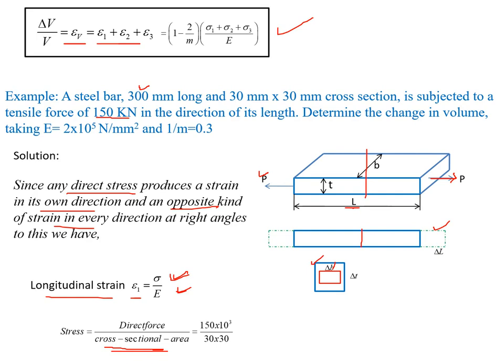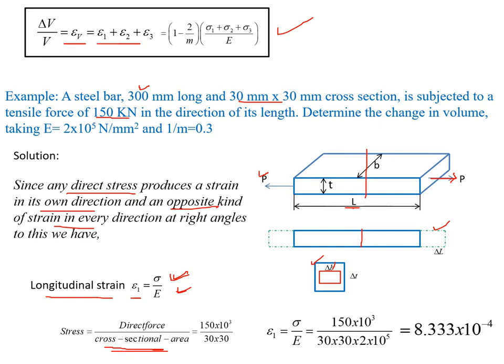So here I am considering the stress with the direct force of 150 kilonewtons. So 150 into 10 cube divided by the cross-sectional area, width and thickness, which should be 30 into 30. But we know the longitudinal strain equals direct stress divided by the Young's modulus.